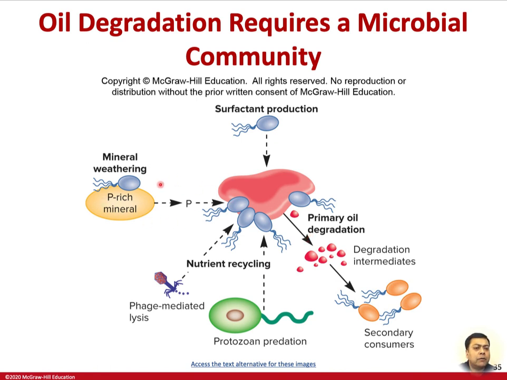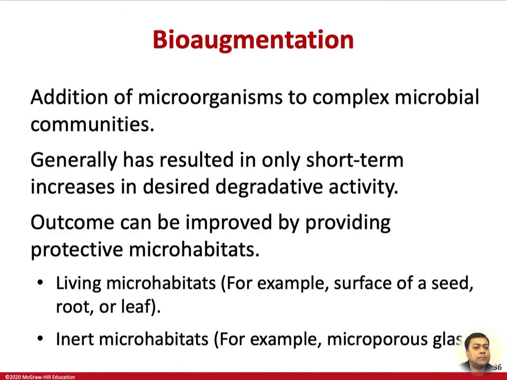Initially, mineral weathering or phosphorus-rich chemicals can be utilized in this degradation process as well. Once that process starts, the primary oil degradation will produce degradation intermediates, which can be further broken down by the secondary consumers. Unfortunately, these primary or secondary consumers can be attacked by protozoan predation, or they can be lysed by phage, which can reduce the amount of oil degradation as well. So these are some of the drawbacks of the process.